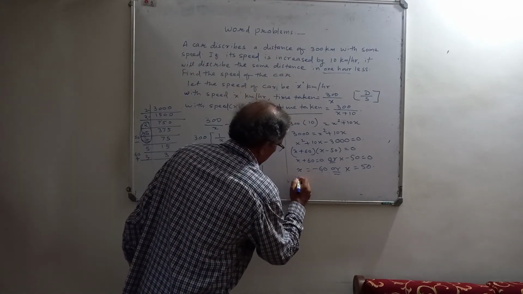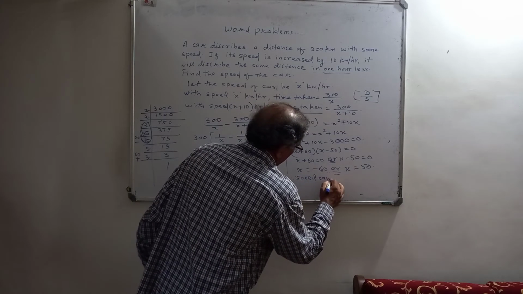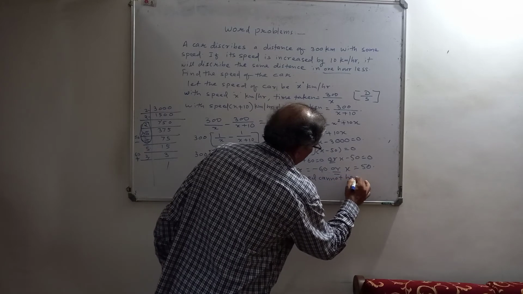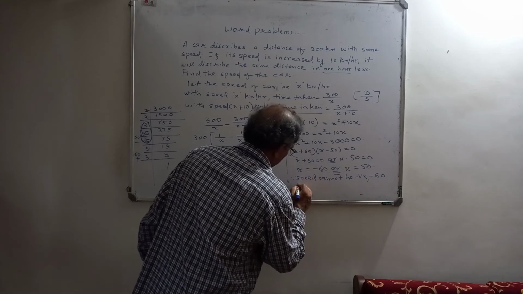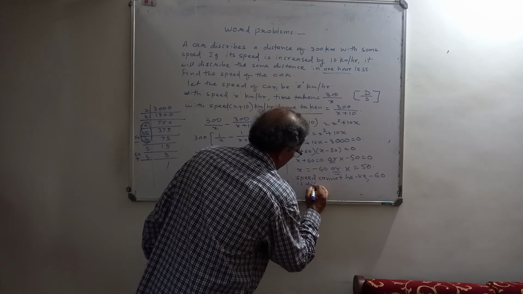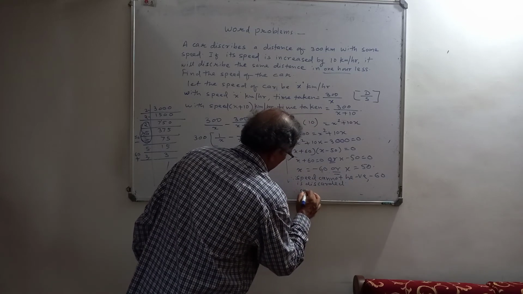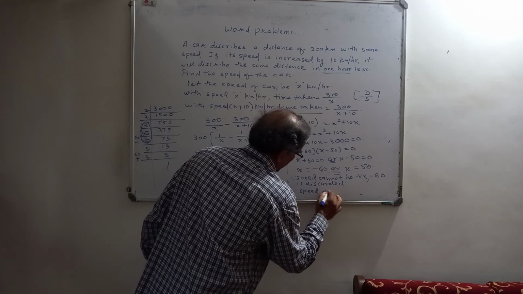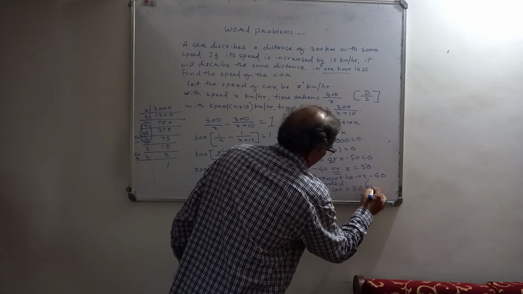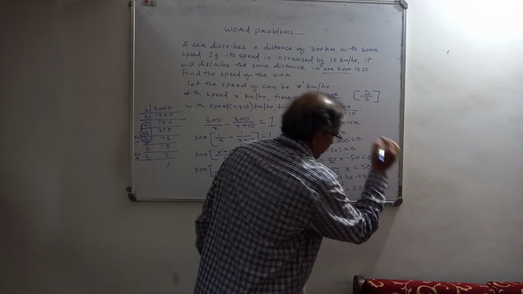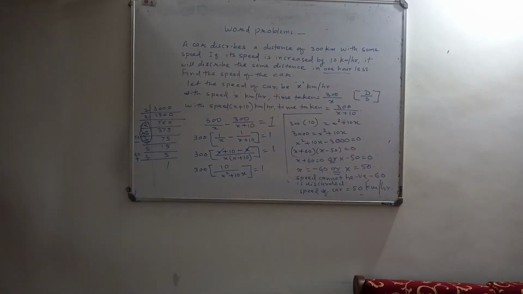Since speed cannot be negative, minus 60 is discarded. That's it. Speed of car is 50 kilometer per hour. So this is how we have to solve this problem.